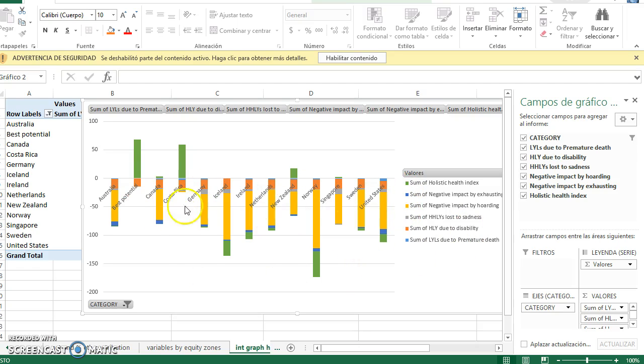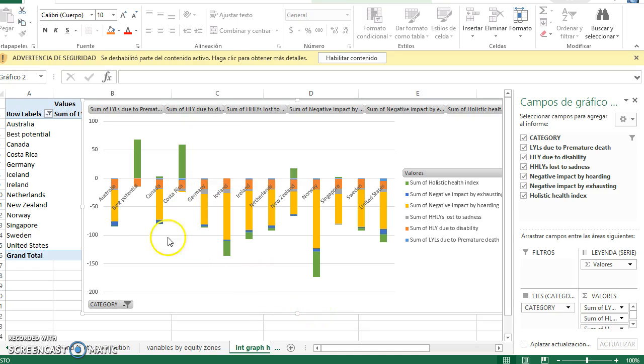So this is, by the way, how the countries with the highest human development index look in terms of the holistic health index. So you see most of them have a negative life expectancy, except the limited life expectancy of 17 years, New Zealand, as compared with Costa Rica.